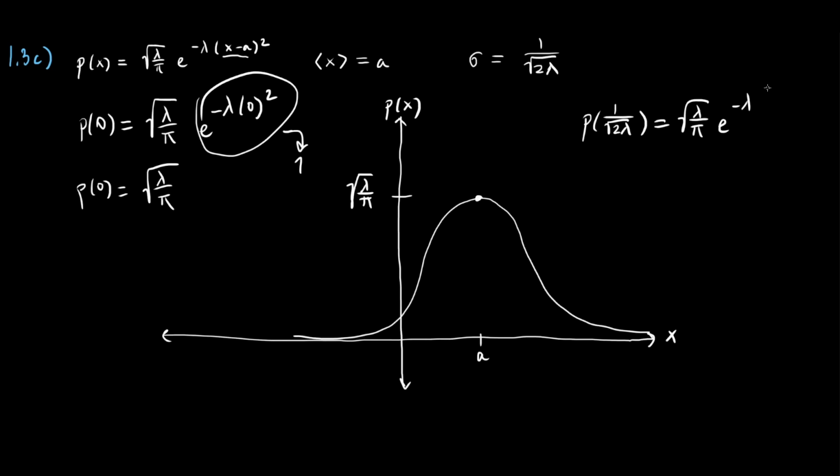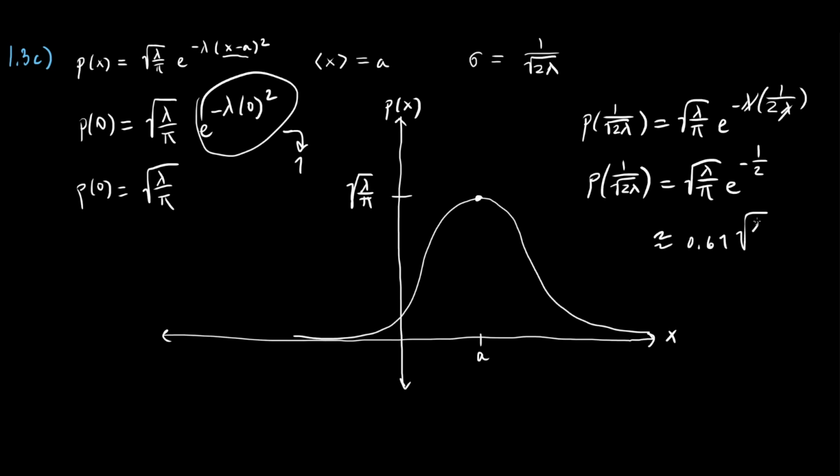And then the square root will go away since there's a square here. It will just be 1 over 2 lambda. These lambdas will cancel. And what we end up getting is e to the negative 1/2, which is around 0.61 square root of lambda pi.